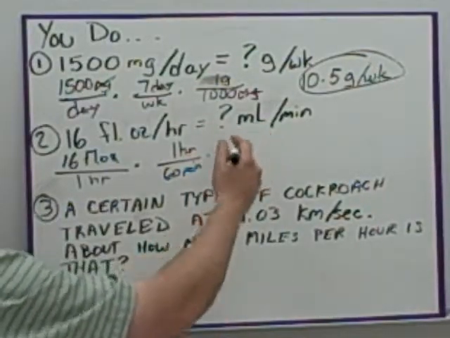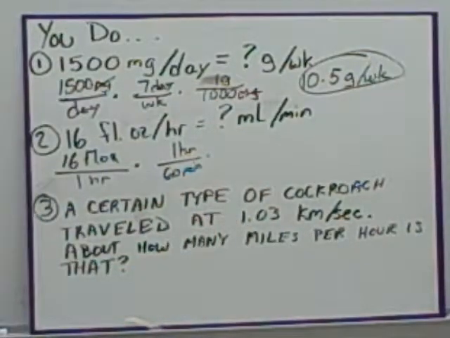And then we're going to convert the liters, because milliliters. 1 fluid ounce. Well, we don't have a direct conversion from fluid ounces to milliliters, but we can go to cups.